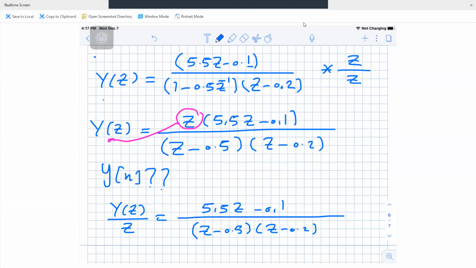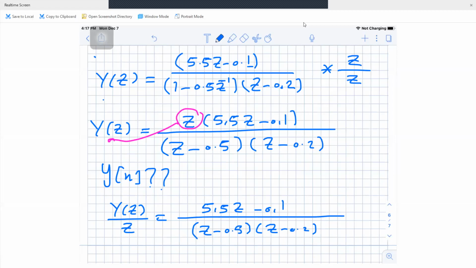Now look at the remaining: 5.5 z minus 0.1 divided by z minus 0.5 multiplied by z minus 0.2. Look at the numerator: the numerator order is 1, while in the denominator we have 2 poles, so it is second order. Now you can apply the partial fraction, since the numerator order is less than the denominator order.